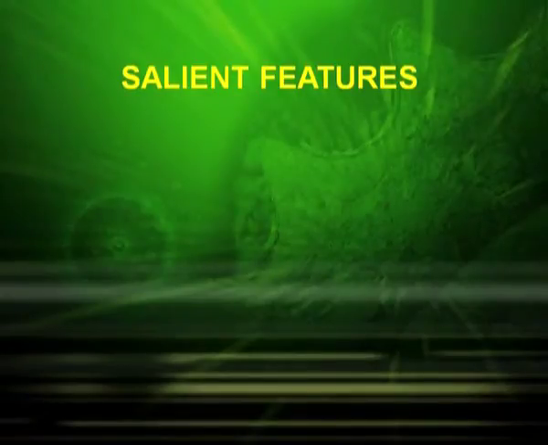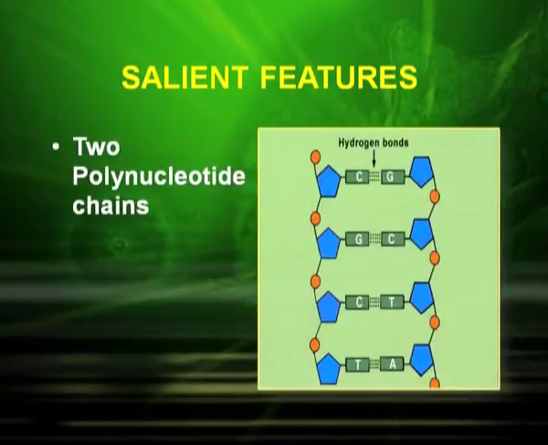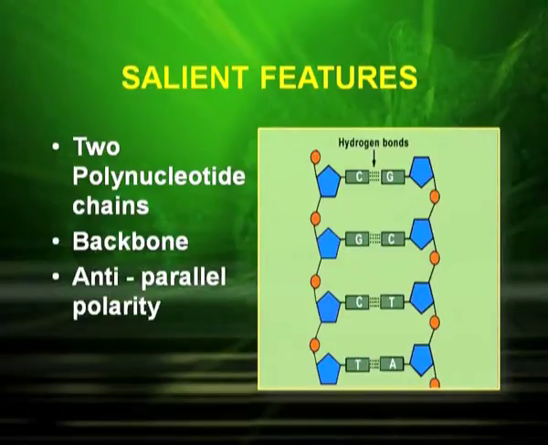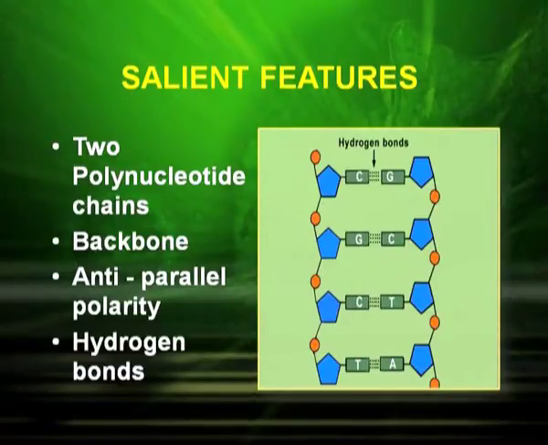Now, let us see the salient features of DNA. The two polynucleotide chains are anti-parallel. The backbone is made up of phosphate and sugar. The anti-parallel polarity is from 5' to 3' and from 3' to 5'. The nitrogenous bases are joined together by hydrogen bonds, that is, A pairs with T and G pairs with C. There is a difference in the hydrogen bonds between AT and GC.